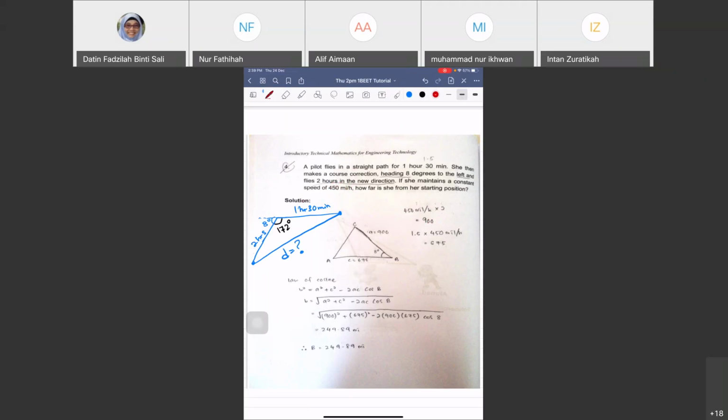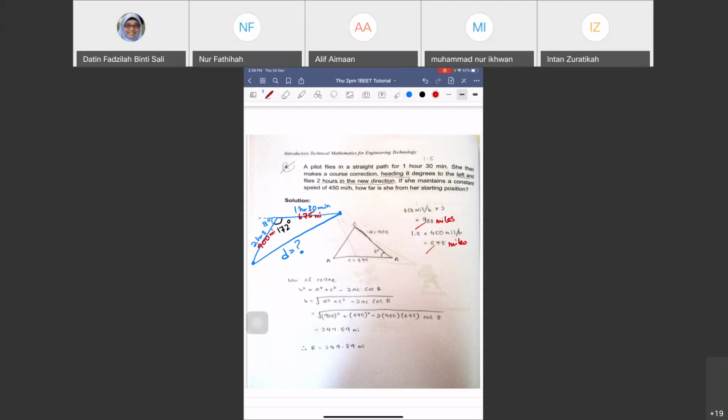This is the right calculation for the distance, in terms of miles. Which means this is 675 miles and this is 900 miles. So you have the distances.